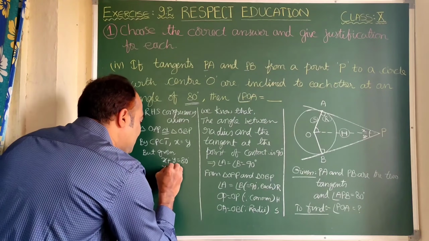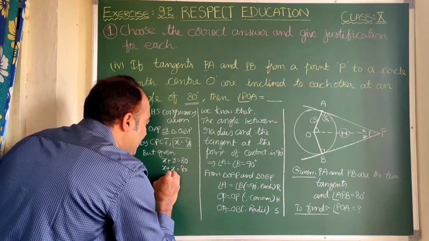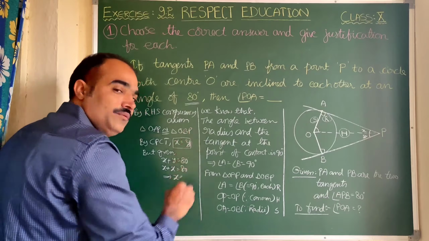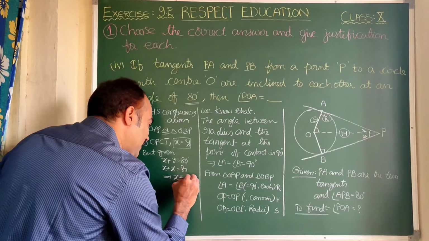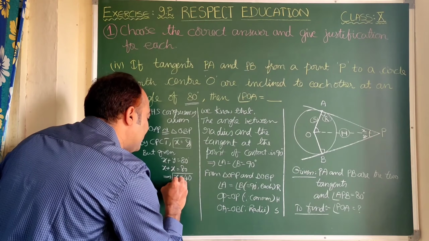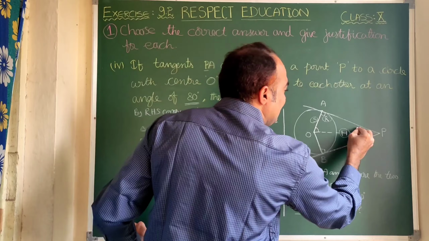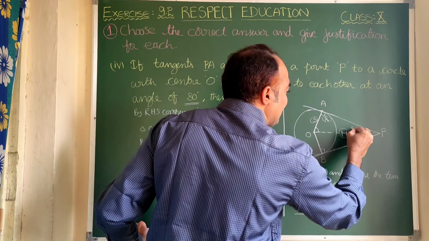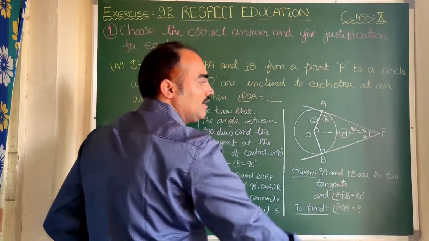So here I am writing X plus, in place of Y I am writing again X. X plus X equal to 80 degrees, in fact 2X equal to 80. So 80 by 2 is 40. So X is equal to 40 degrees. Clear? In fact Y is also 40 only.